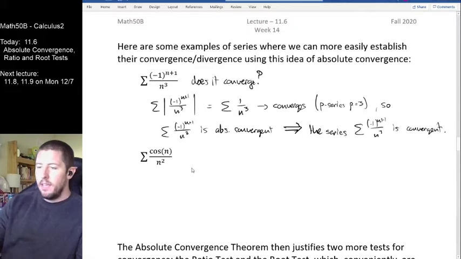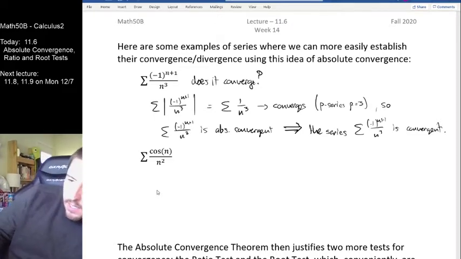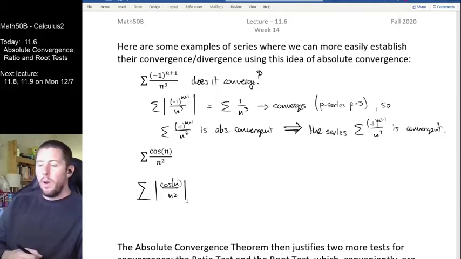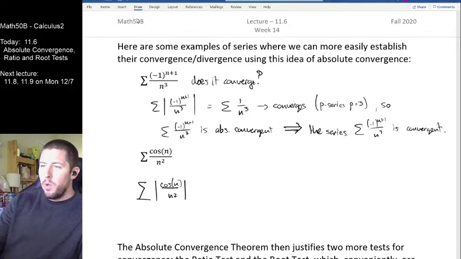Similarly here, I can see a sum of cosine of n over n squared. I can ask myself what's going on with our absolute value series. Now, what I know is that cosine of n takes on values between negative 1 and 1.